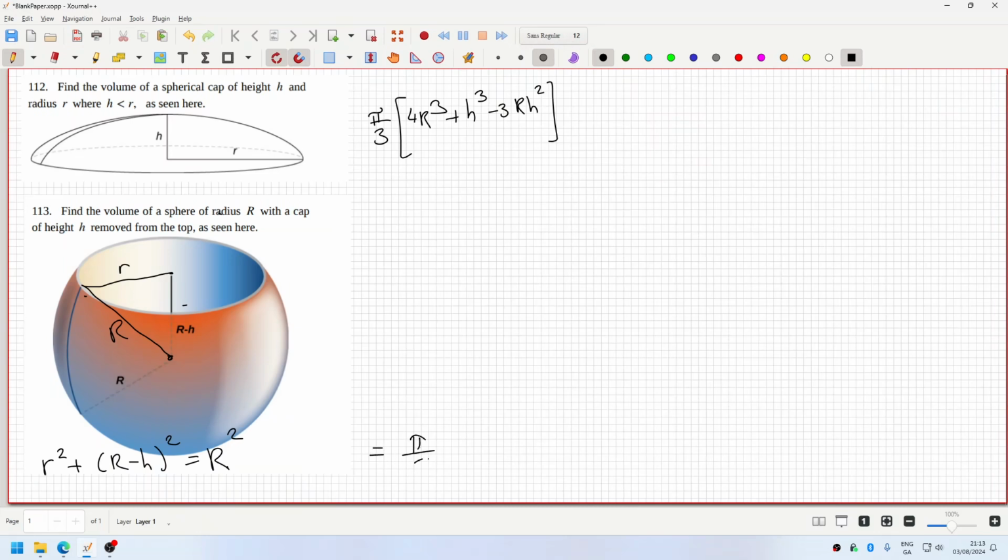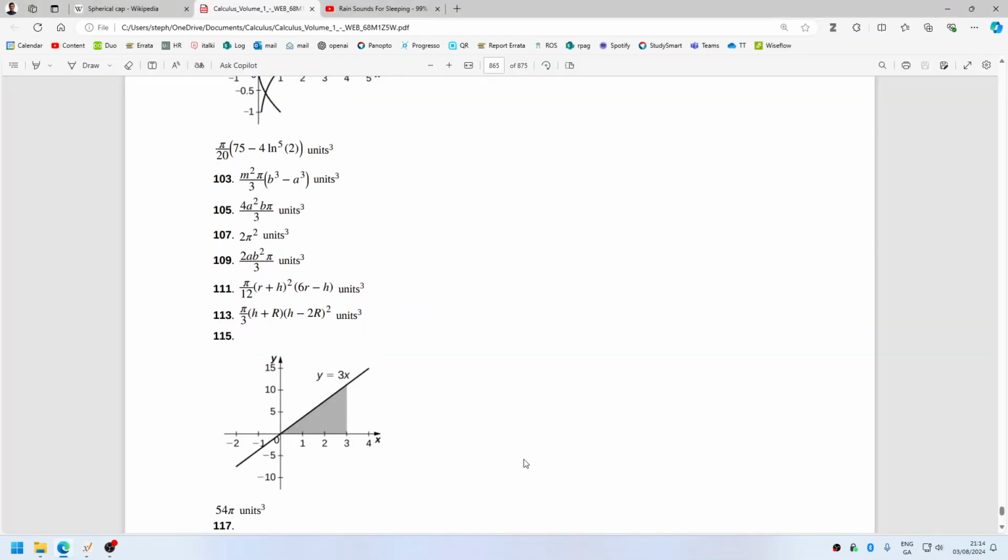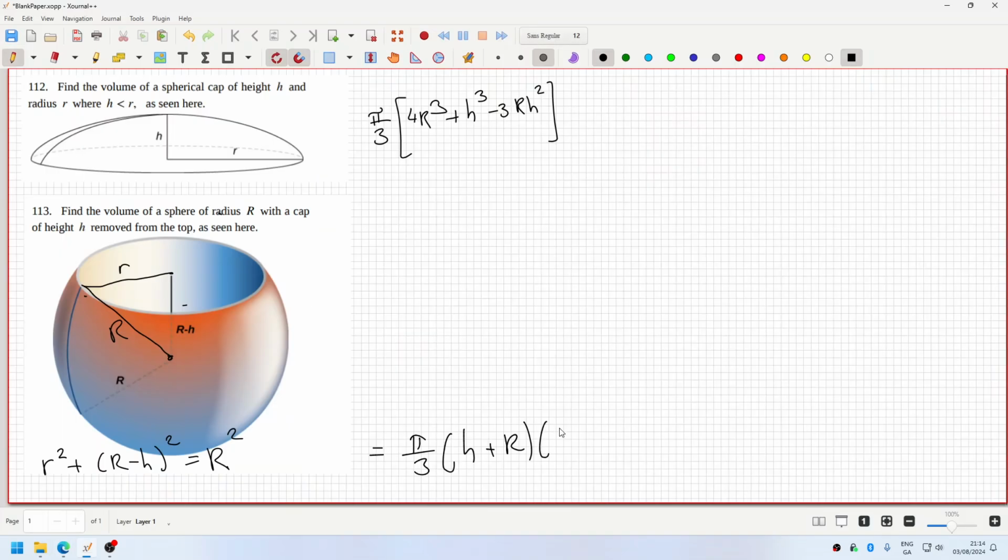Pi over 3 times h plus r times h minus 2r squared. So that would have been pi over 3 times h plus r times h squared minus 4rh plus 4r squared.